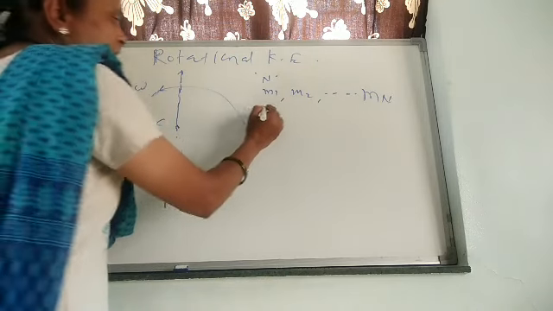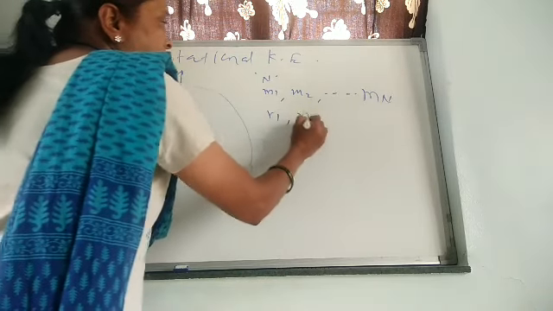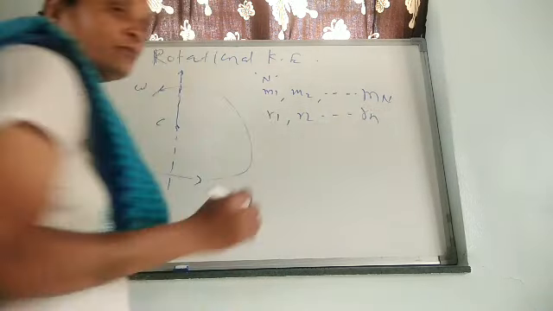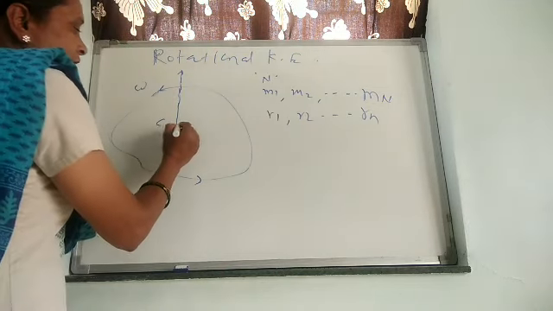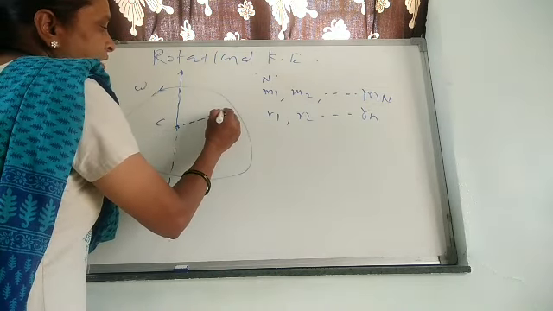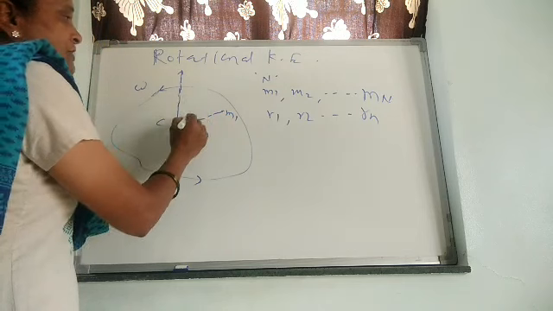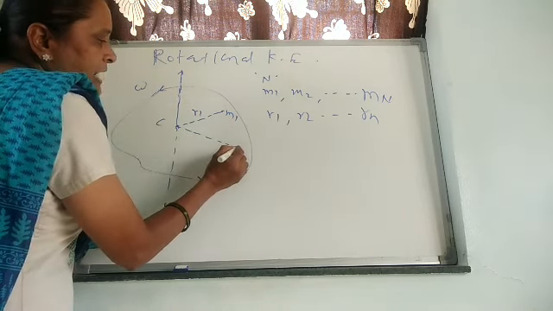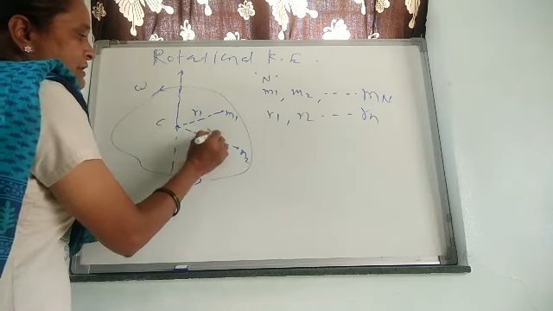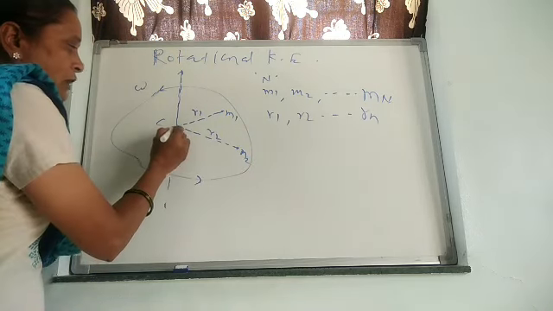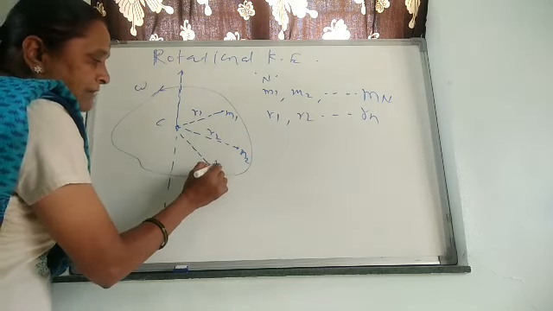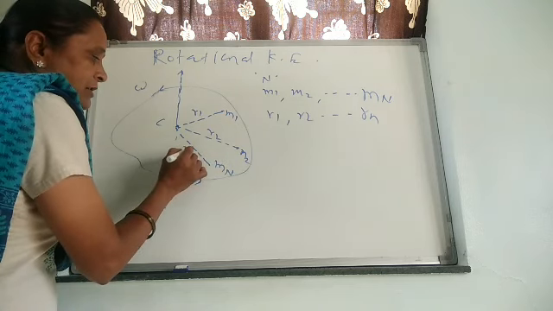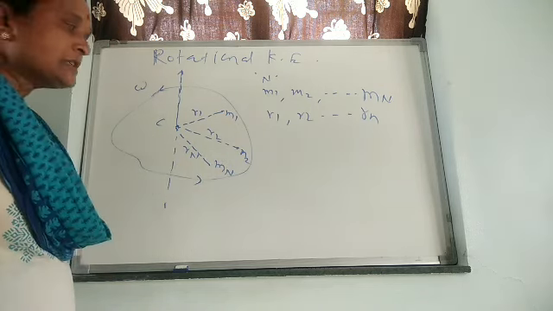Their perpendicular distances from the axis of rotation are r1, r2, ..., rn. Suppose this is a particle having mass m1; its perpendicular distance from the axis of rotation is r1. This is a particle having mass m2; its perpendicular distance is r2. This is a particle having mass mn; its perpendicular distance is rn.